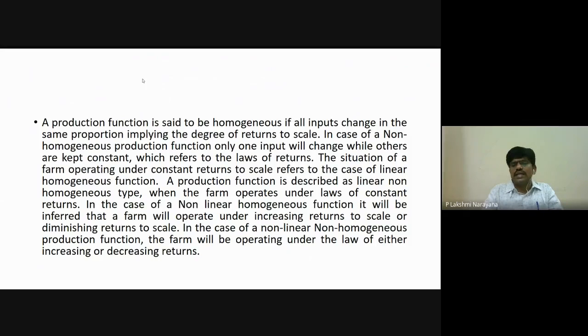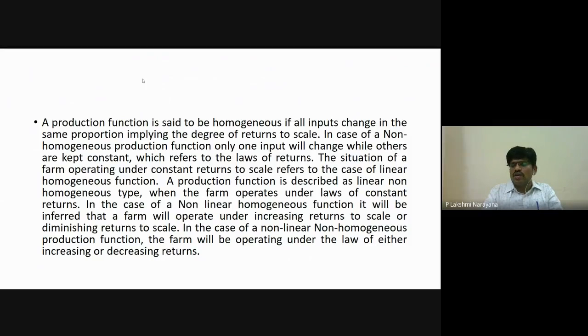In the case of a nonlinear homogeneous function, it will be inferred that a firm will operate under increasing returns to scale or diminishing returns to scale. When we say it is a nonlinear homogeneous function, it may be increasing returns to scale for the firm, or it may be decreasing returns to scale.